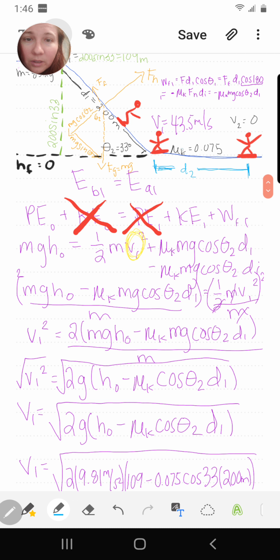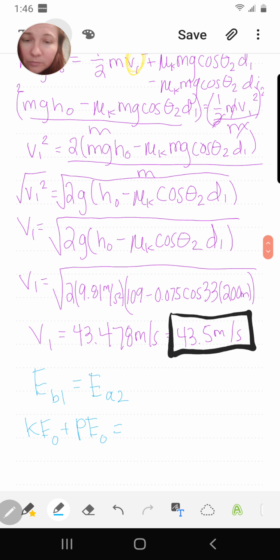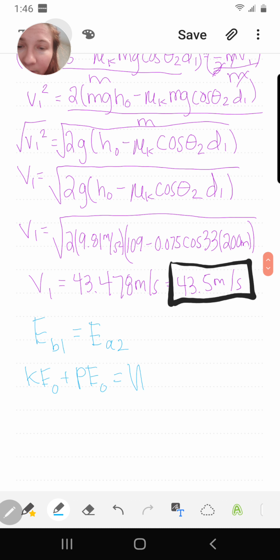If you noticed, the coefficient of friction still remains during this time, so it's still performing work. So for this problem, we're going to consider our first work due to friction and then our second work due to friction.